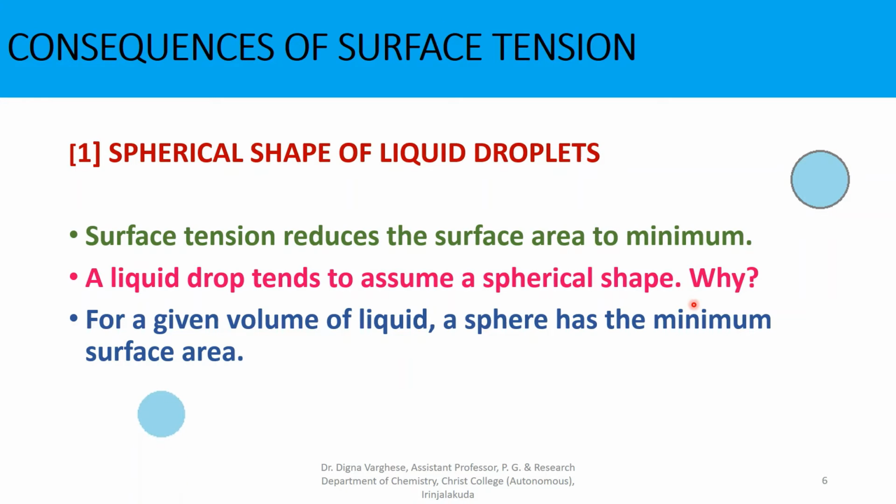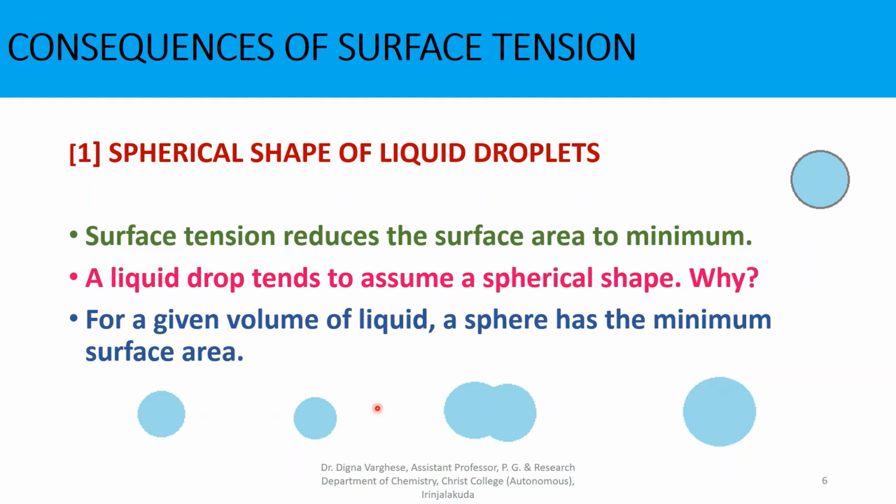If two small drops encounter each other, they tend to coalesce into a larger drop, which has a smaller surface area than the two small drops.